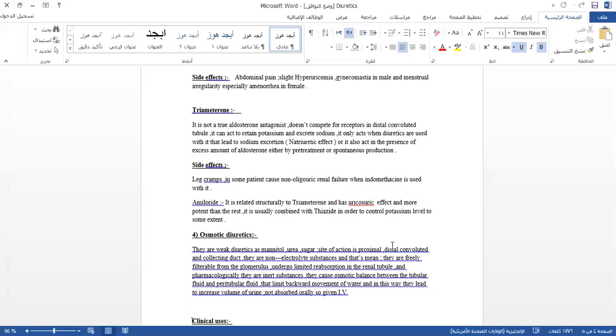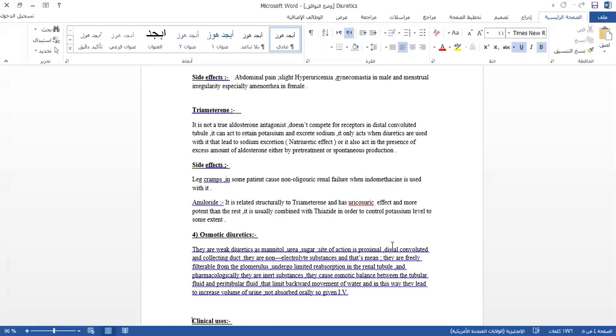They are non-electrolyte substances, which means number 1, they are freely filterable from the glomeruli, number 2, they undergo limited reabsorption in the renal tubule, and number 3, pharmacologically they are inert substances. They cause osmotic balance between the tubular fluid and peritubular fluid that limits backward movement of water, and in this way they lead to an increased volume of urine.